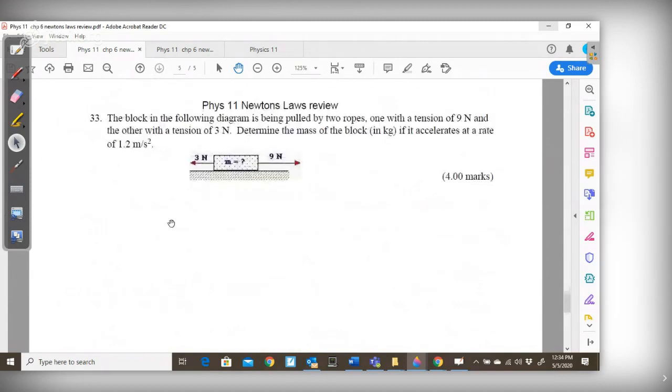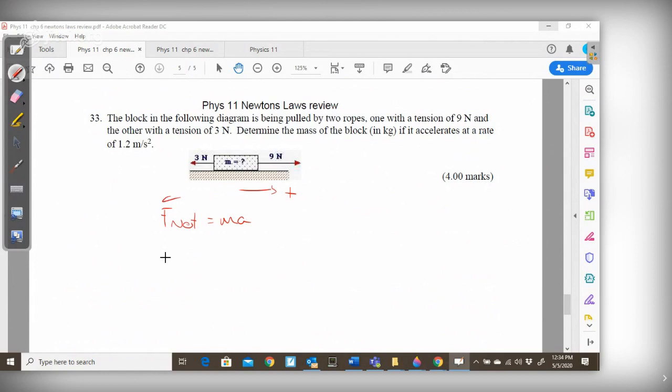All right, here we go. Question number 33. The block in the following diagram is being pulled by 2 ropes, 9 and 3. Determine the mass if it accelerates at 1.2 meters per second squared. All right, so F net is equal to ma. So we're going to have this direction as being positive.